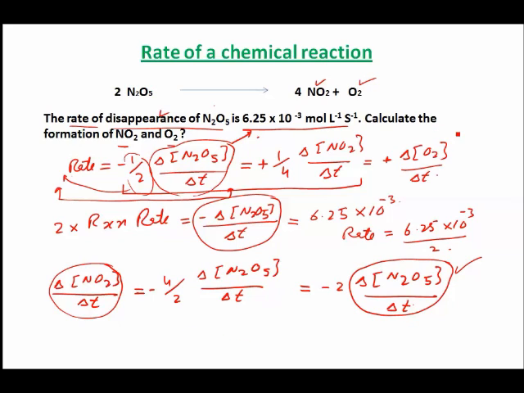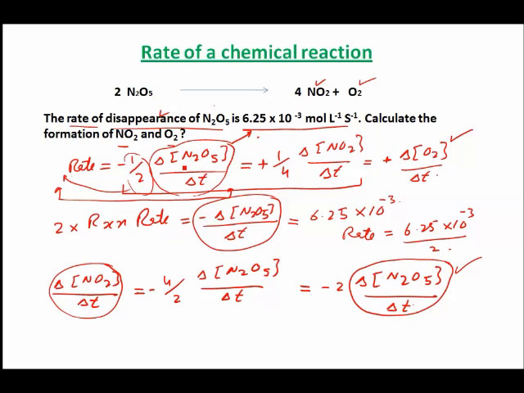Similarly, we can also do it for the oxygen. For oxygen, we can calculate from these two terms here, N2O5 and this term. The rate of formation of O2 and the rate of disappearance of N2O5 is given.